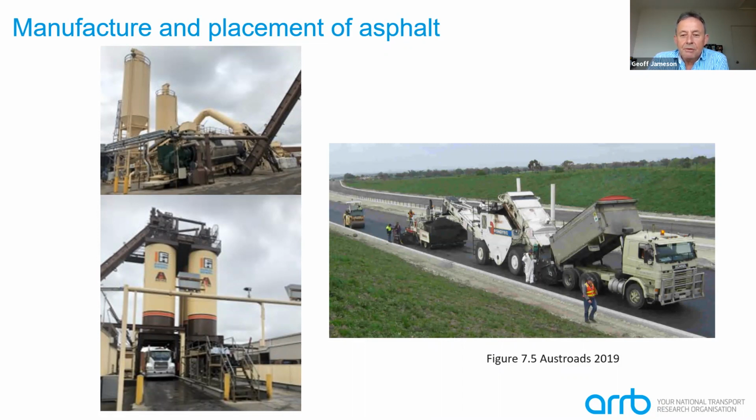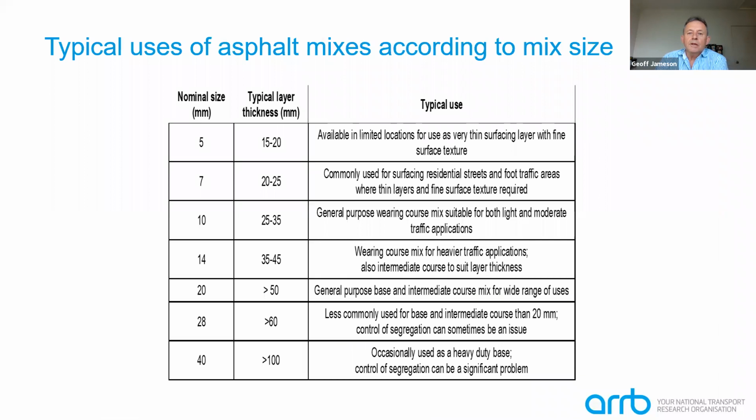That material is spread by the paver and then compacted by rollers. There are various sizes of mixes used, ranging from, say, a 5mm maximum size mix, which may be used for a footpath, to 20mm, which is a common maximum size mix used in Australia at the moment.